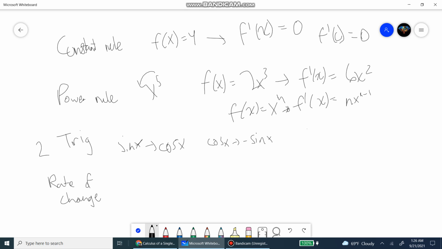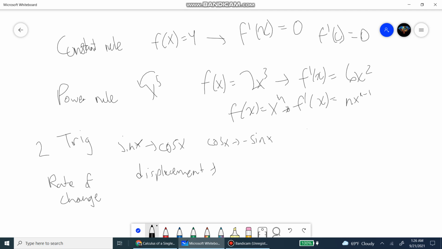So, an example for rate of change, practically, would be if your car moves a certain distance, or let's say displacement, because I want to get into velocity. So displacement, and then the derivative of displacement.